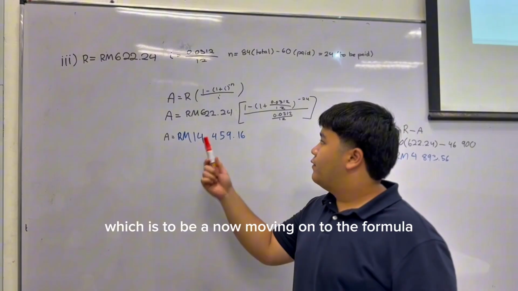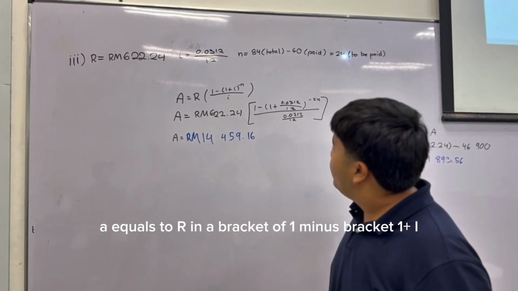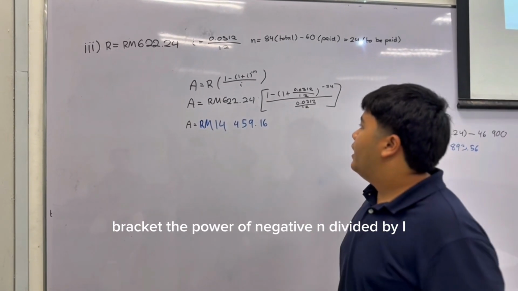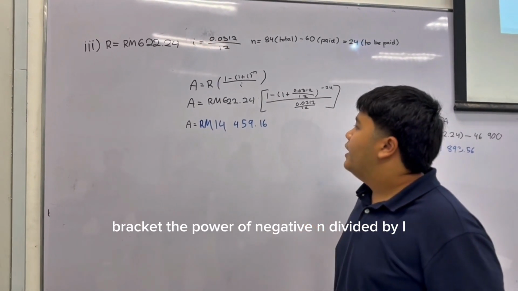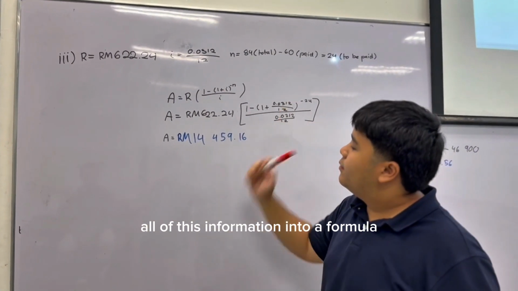Now, moving on to the formula, A equals R in a bracket of 1 minus bracket 1 plus i bracket power of negative n divided by i, and then we just substitute all of this information into the formula.